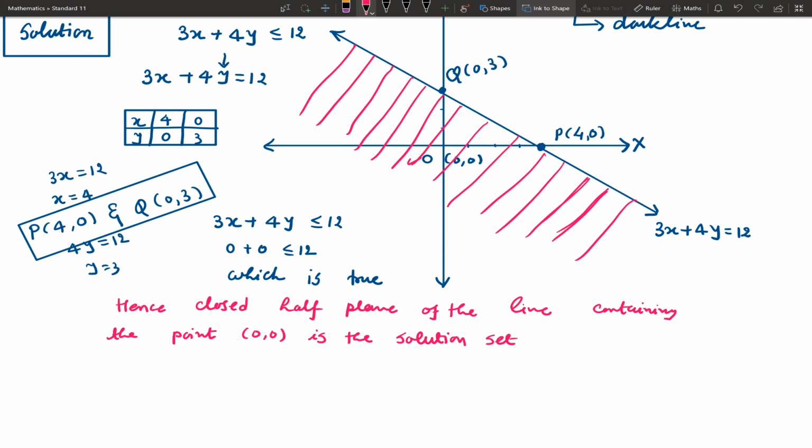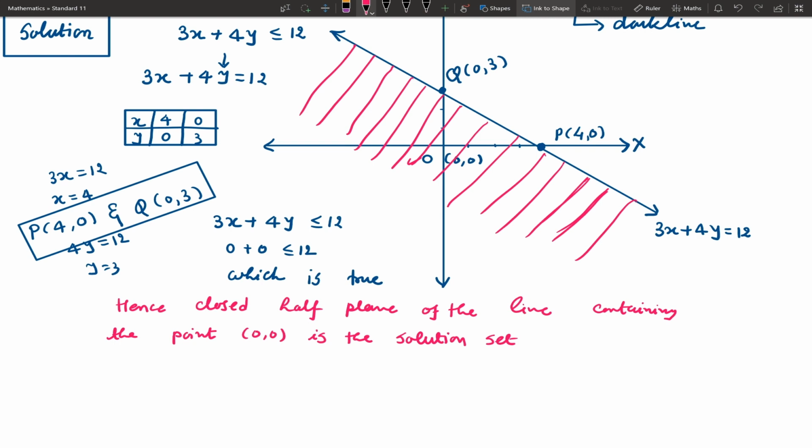We take next example. So as usual, it is very easy to get the solution graphically. Step 1, remove the inequality, take equality. Equality will be a linear equation in two variables, so it will represent a straight line.